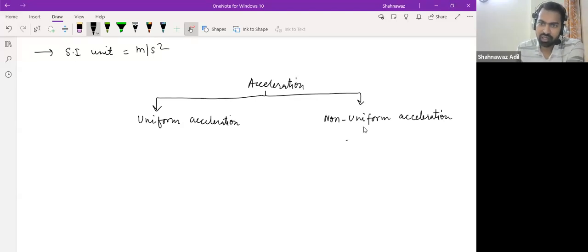And again, non-uniform acceleration is of two types. One is average acceleration, and then we have instantaneous acceleration.